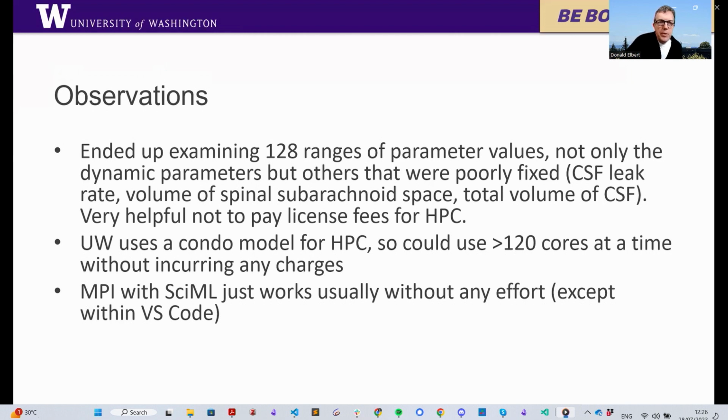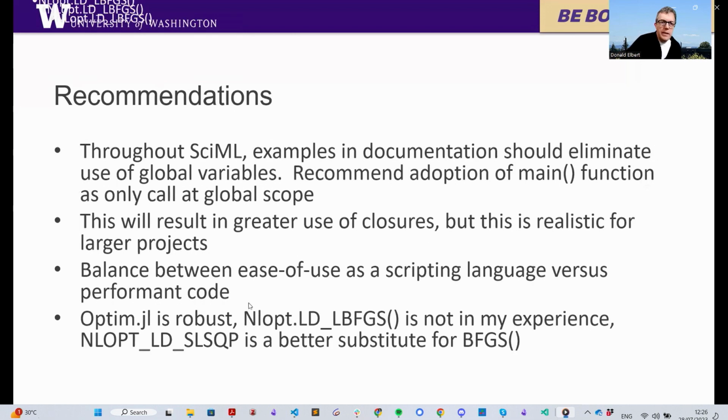And boy, I was really grateful that I didn't have to pay license fees for high performance computing. Additionally, MPI with SciML just works out of the box amazingly without really having to do anything. I'm not sure how it does that, but it's fantastic. The weird thing is that when you're in VS Code, I can't really get it to launch multiple threads, even though the settings are correct.